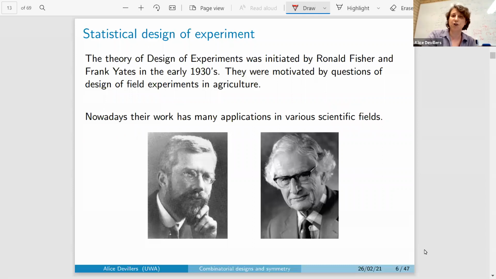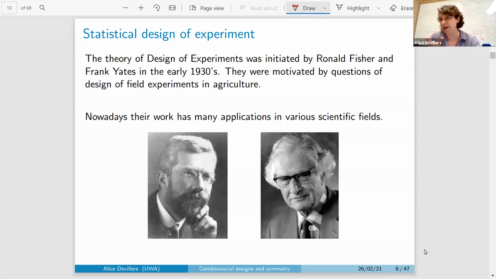It was initiated in the 1930s by Ronald Fisher and Frank Yates, who were looking at questions of designing experiments in agriculture. So very practical field experiments. I'll give an example in the next slide. This still has lots and lots of applications today in many scientific fields.